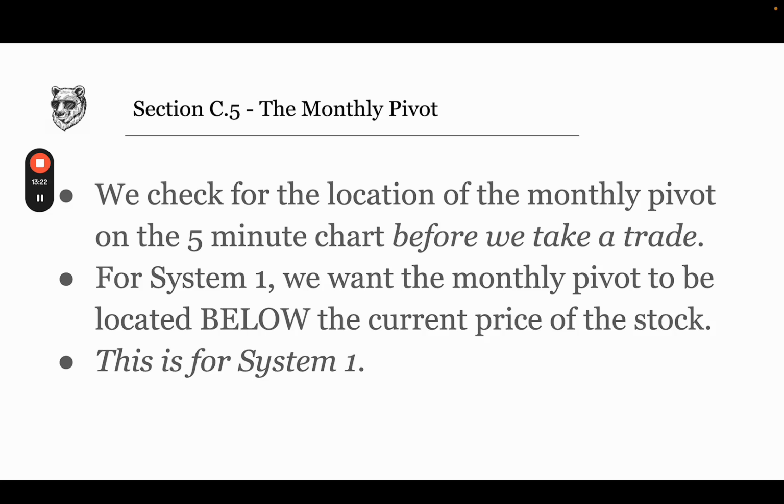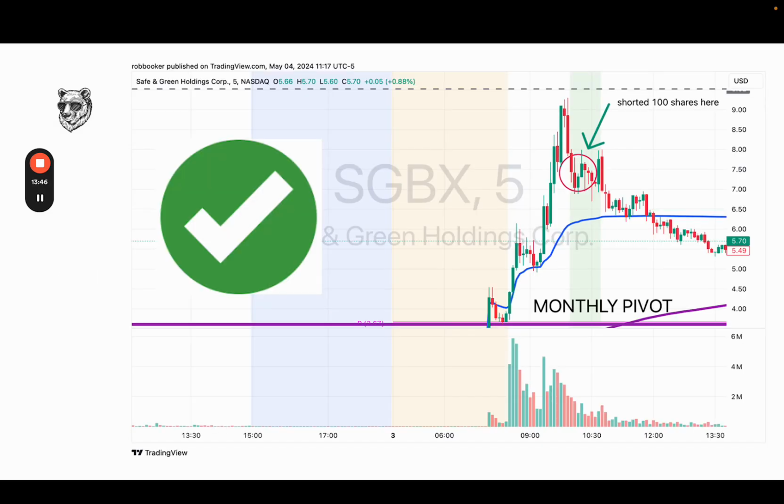For system 1, we want the monthly pivot to be located below the current price of the stock. Once again, this is for system 1. We can make exceptions to this rule at other times and places for other trading systems, for other ways of short selling, but this is a nice way to get a lot of good trades with a very magnetic level underneath price. So this is SGBX.